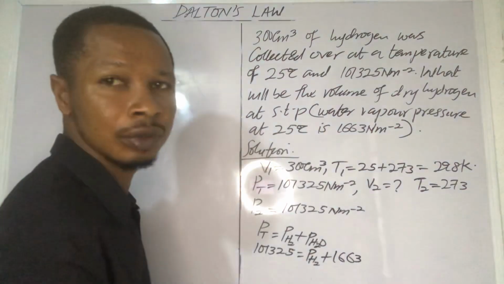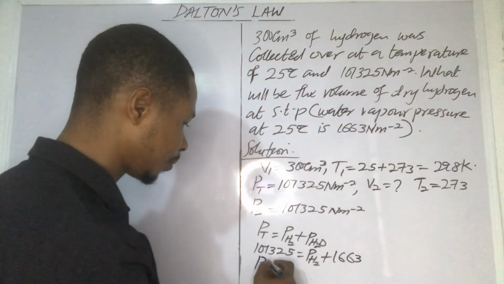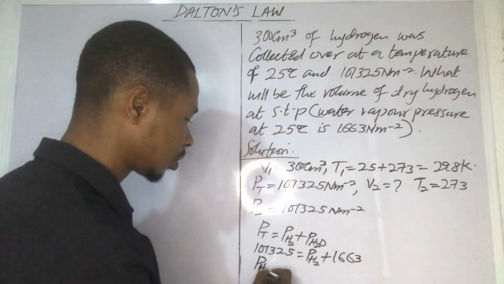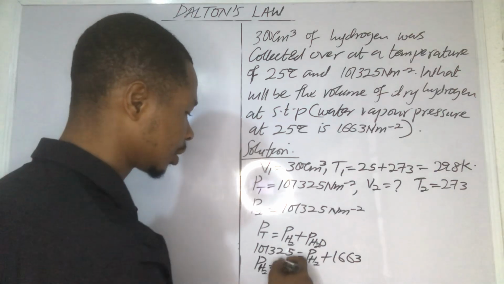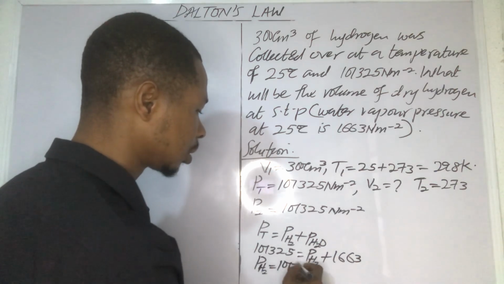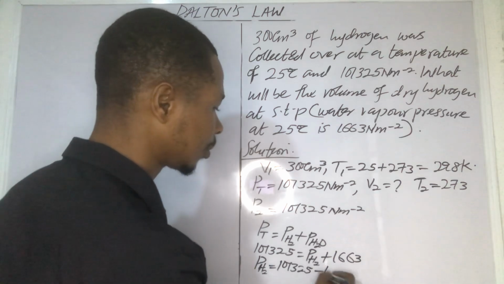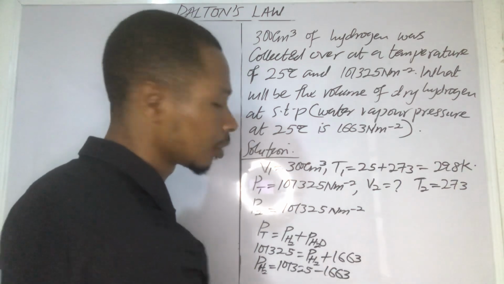1663. So in that case, my partial pressure of dry hydrogen gas will be 101,325 minus 1663.